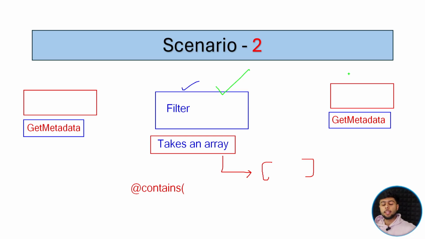So the answer is, obviously we need to compare between source and sink, and you need to see which file is not present in the sink. Our source is the repository. Make sense? So which array you want to feed here, that is the question, and that will solve 90% of the solution, trust me.